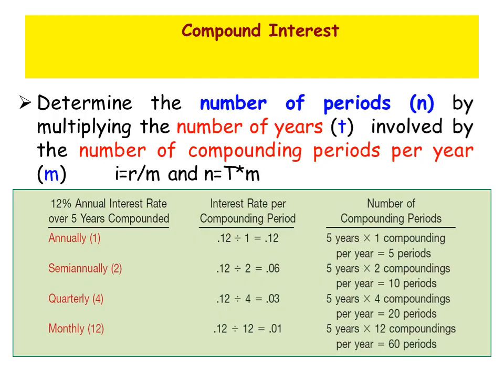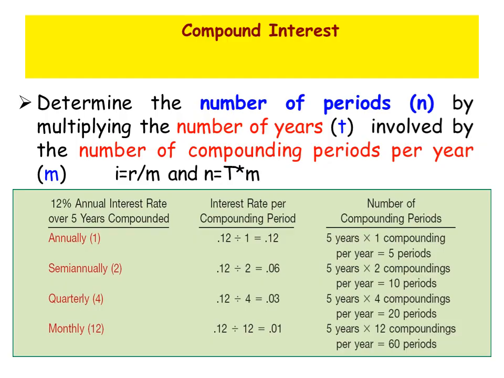Our interest rate is 0.12 divided by m, which is 1 for annual, so it is 0.12.